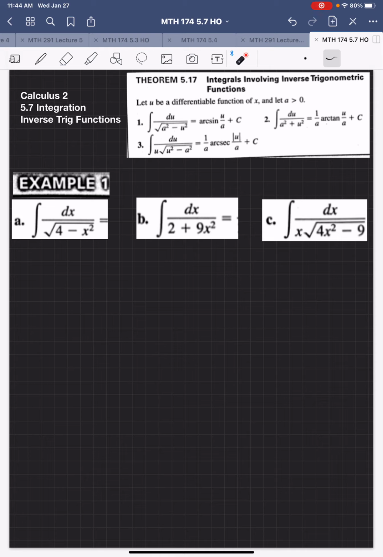So it definitely can't be arctangent because this has a square root, and we're not adding. Arcsecant doesn't look like it matches either because arcsecant has u times the square root of u squared minus a squared, and we don't have another u out front here. So this looks like it matches arcsine fairly well.